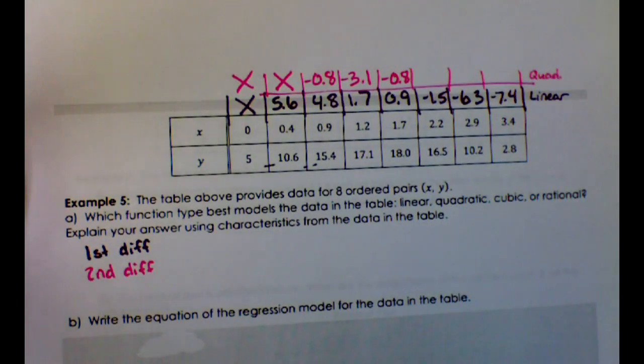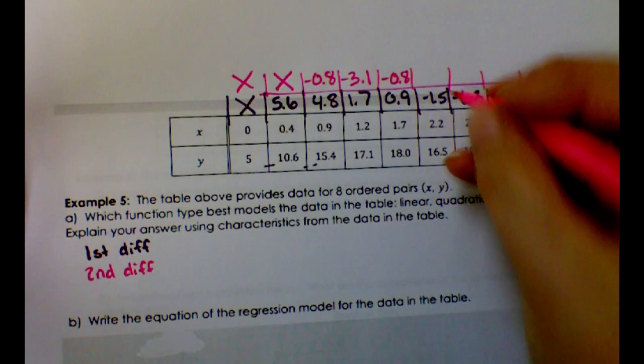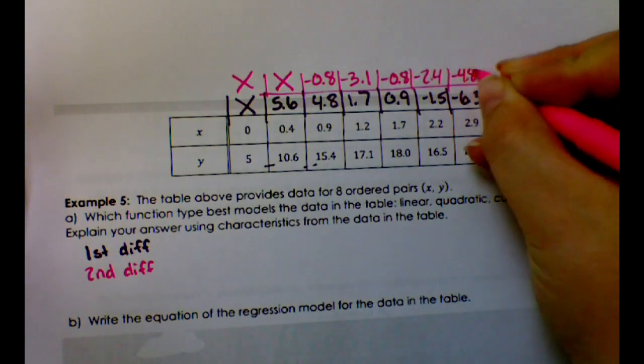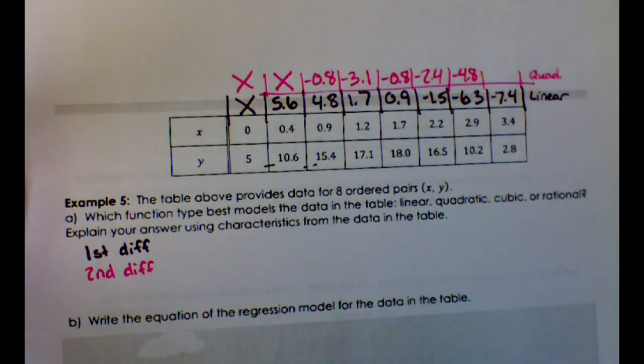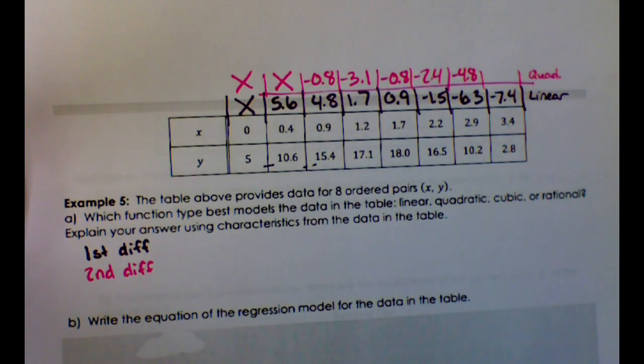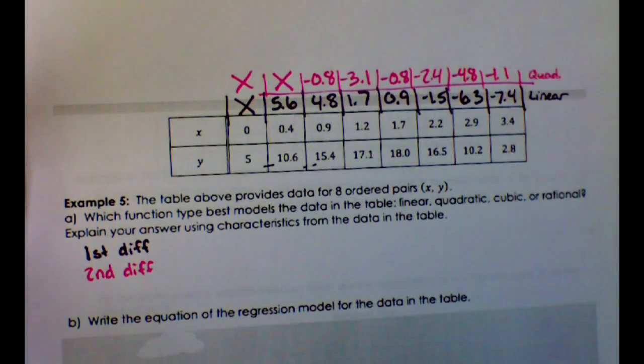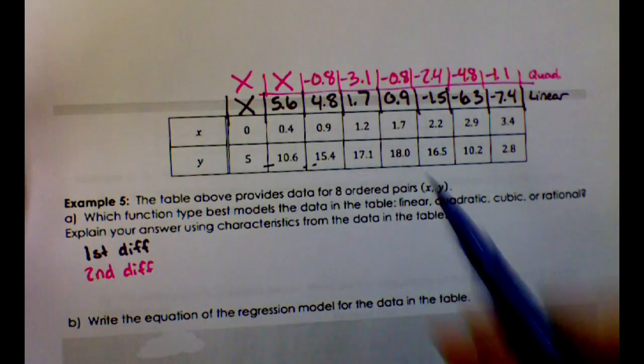Negative 1.5 minus 0.9, negative 2.4. Negative 6.3 minus negative 1.5 is negative 4.8. Negative 7.4 minus negative 6.3 is negative 1.1. Those second differences also were not the same. Let's check third differences.